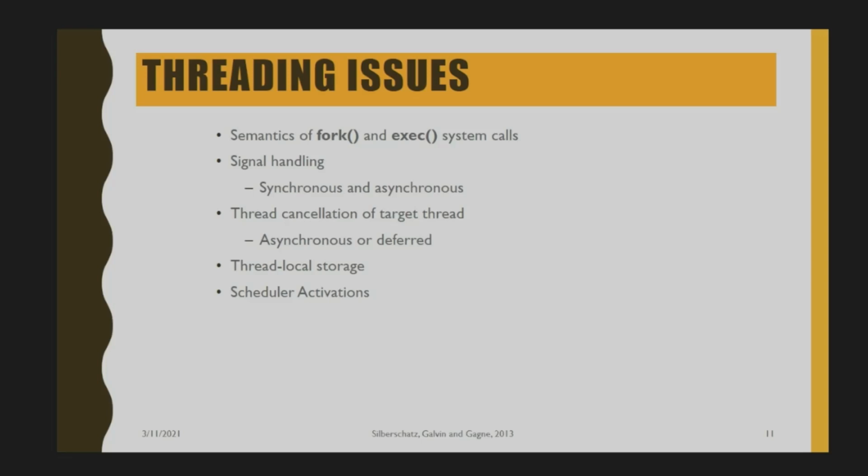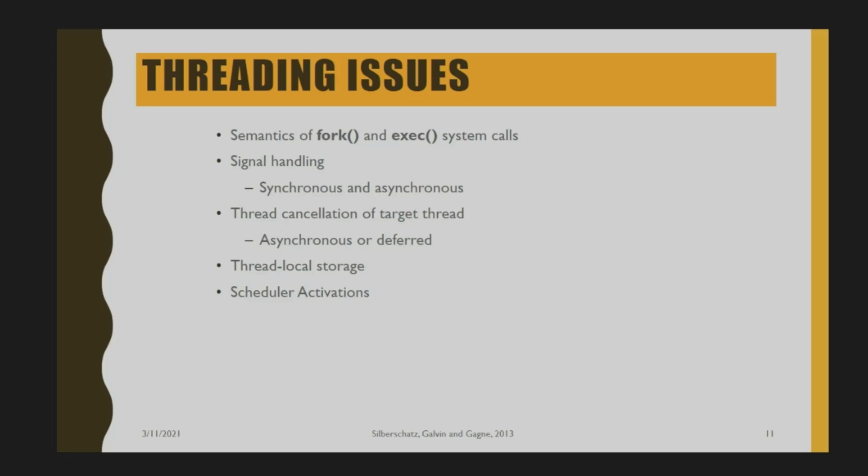If one thread of the program calls the fork function, will the new process duplicate all the threads, or does it just become single threaded?